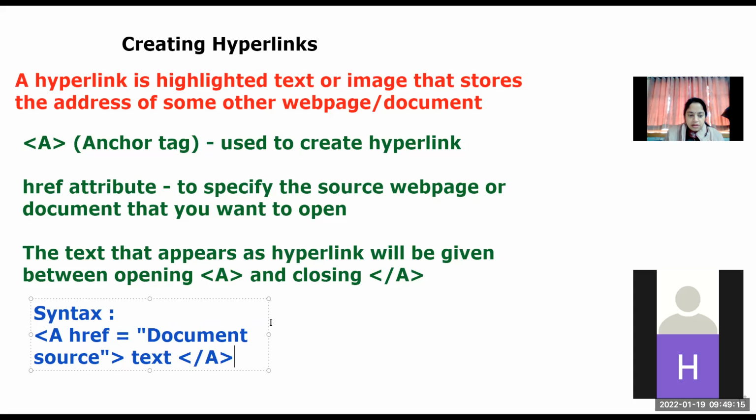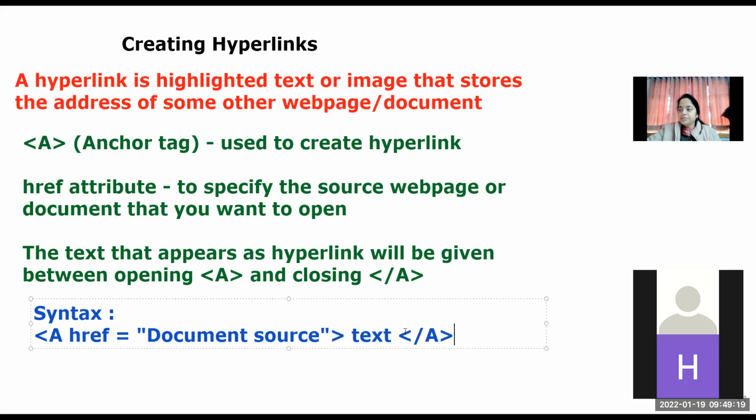Suppose click here, या whatever text you want to display. ठीक है, जो भी टेक्स्ट हम यहाँ लिखेंगे that will act as a hyperlink. That means when we place my mouse pointer on this text, it will change to a hand symbol, and when I click on this text, it will open this document that is given as a document source, जिसका लिंक मैंने वहां पे href में स्पेसिफाई किया.